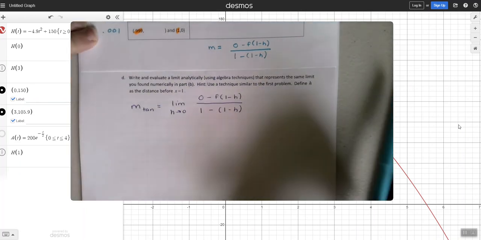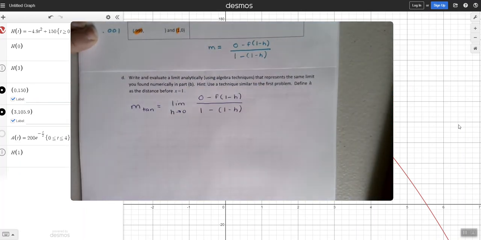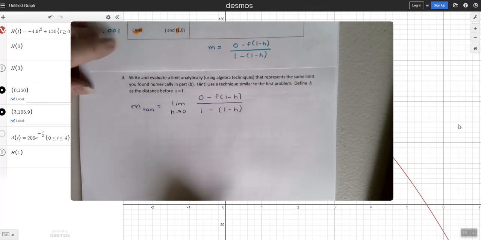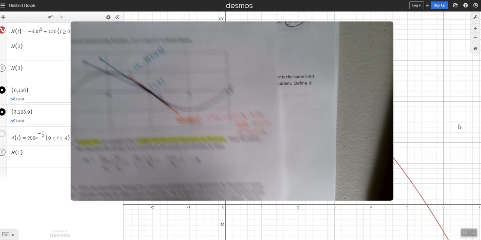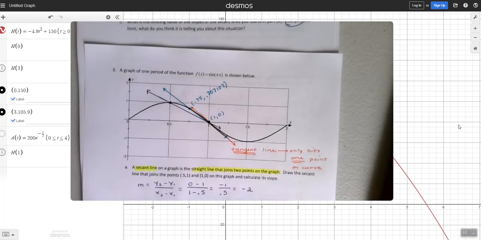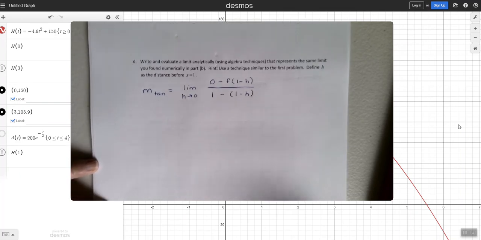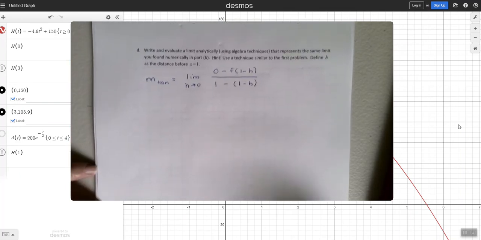And that's the limit that you'll need to actually evaluate to eventually come up with the exact value of the slope of the tangent line. Again, just a reminder, the denominator is not hard to simplify. To do f of 1 minus h, don't forget to plug the 1 minus h back into the original function. So that's where I'm going to leave you, to go ahead and calculate that limit and see if you can figure out the exact value and see how well you guessed.